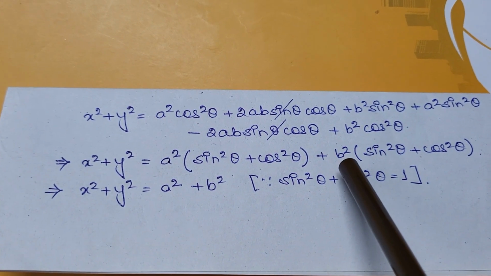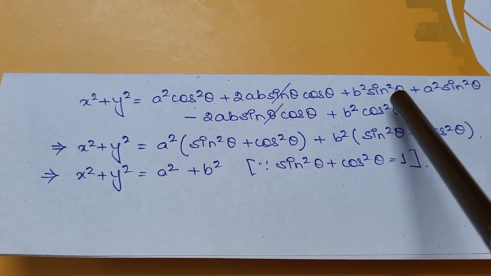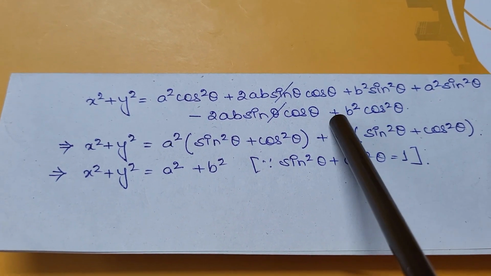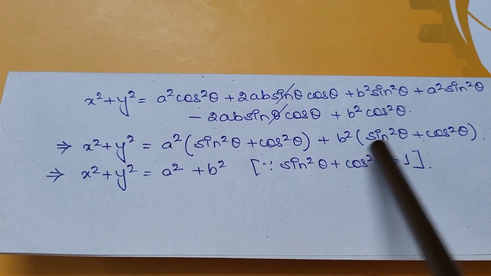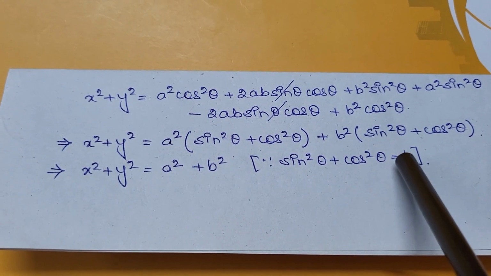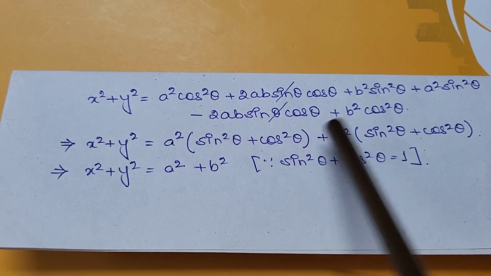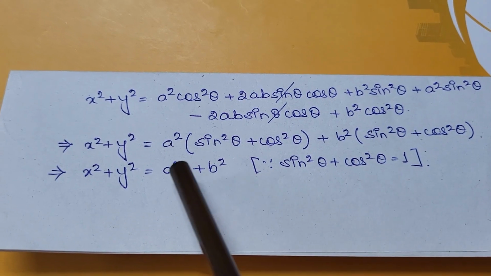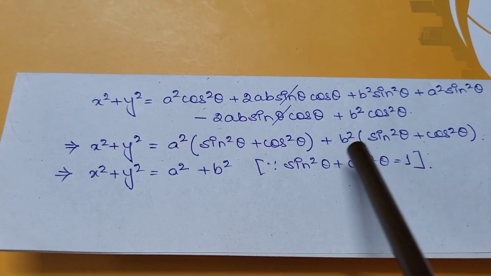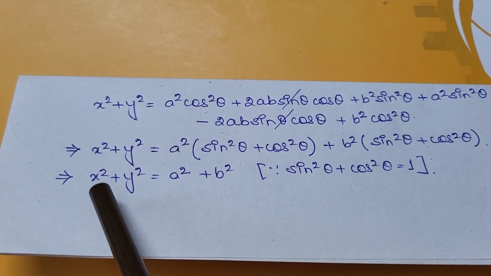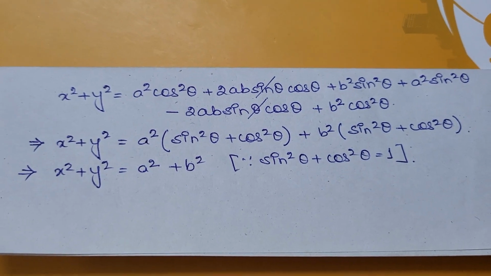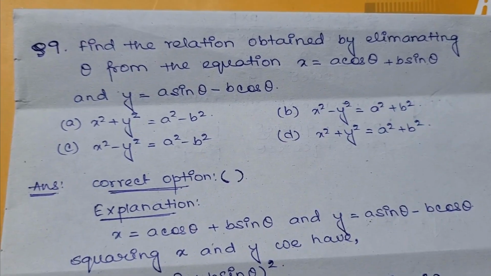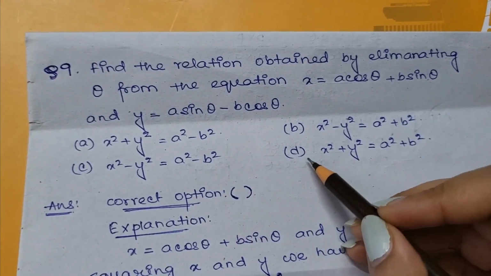So we take a square common and we are left with sin square theta plus cos square theta. Taking these two terms, b square is also common, so we take b square common and are left with sin square theta plus cos square theta. From the trigonometric identities, we know that sin square theta plus cos square theta is equal to 1. So we are left with a square plus b square. Hence we have x square plus y square is equal to a square plus b square. Let's see which option is correct. We can see that the correct option is D.